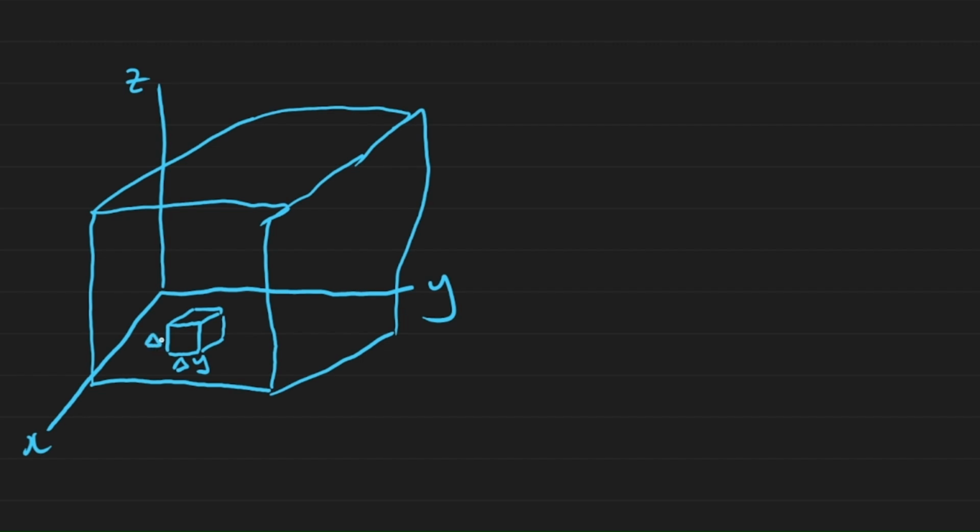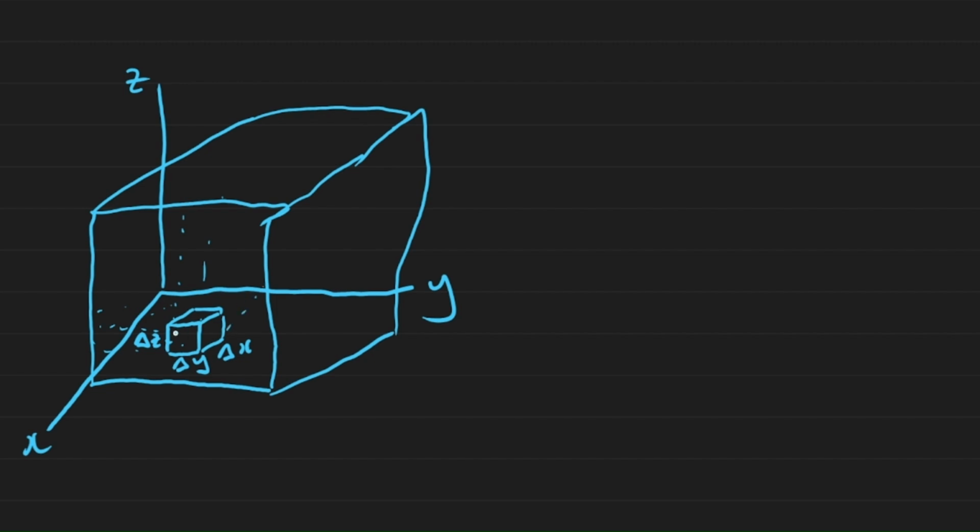This is delta x. Sorry, my apologies. That's delta y, that's delta x, and the height is delta z. So we sum up this little block in 3 dimensions. It would have to go up, it would have to go along the x-axis, and along the y-axis as well.